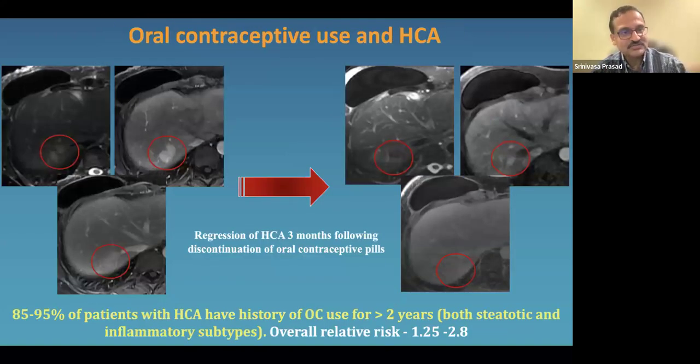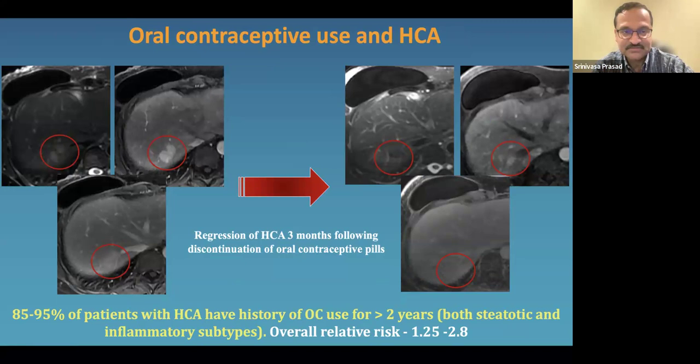Another important causative or etiologic factor for hepatocellular adenomas is oral contraceptives. Particularly, it was more common with the high estrogen content of the previous generation of oral contraceptives, but with the current generation, the risk is quite low.